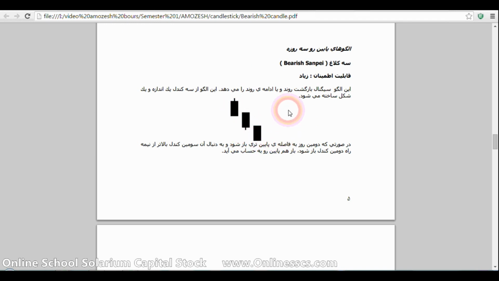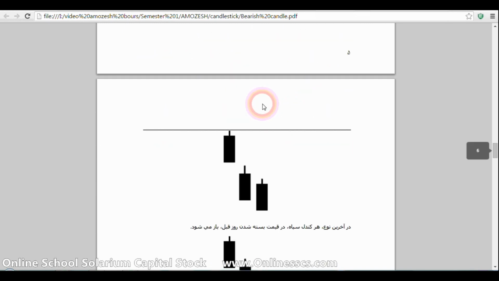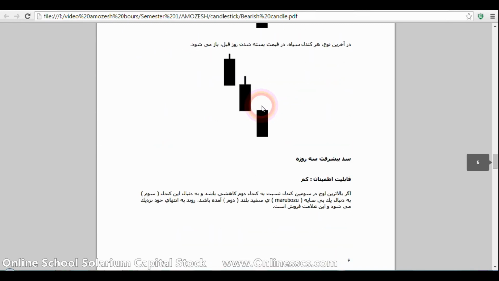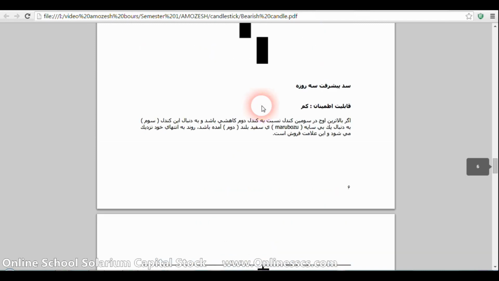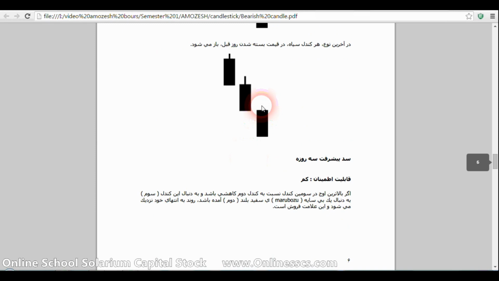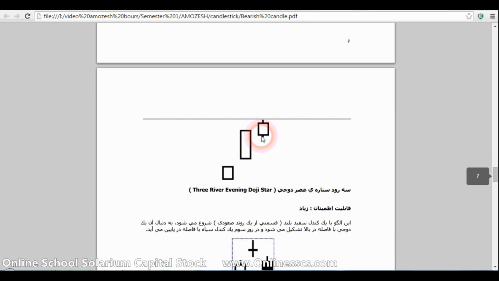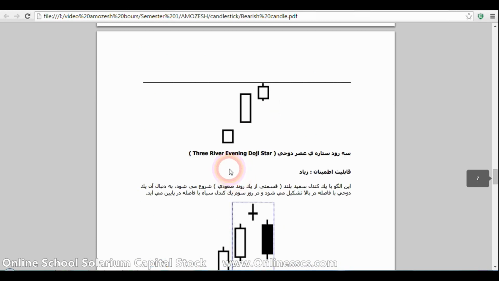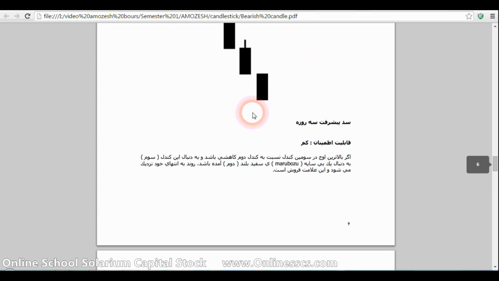With these three, the two other candles will finish, and then it's the end of the trend. We call it the Three River Doji.